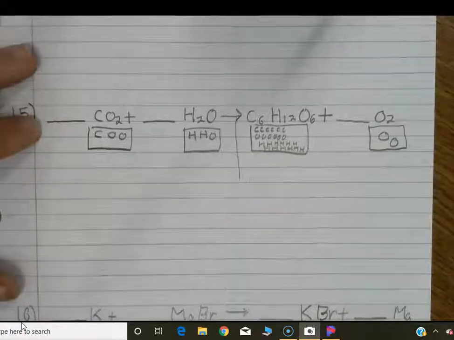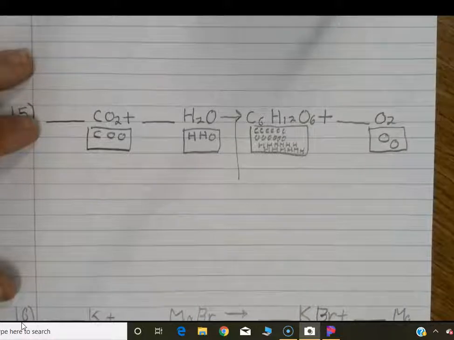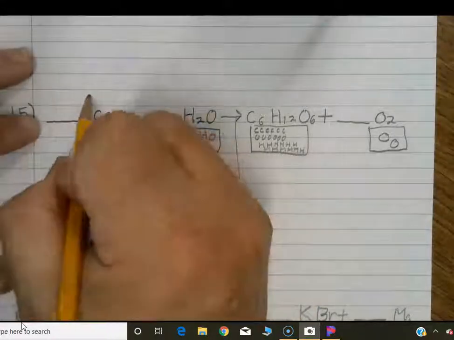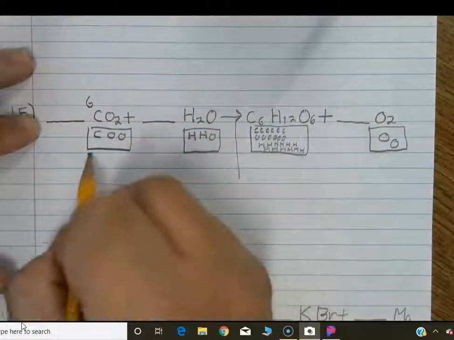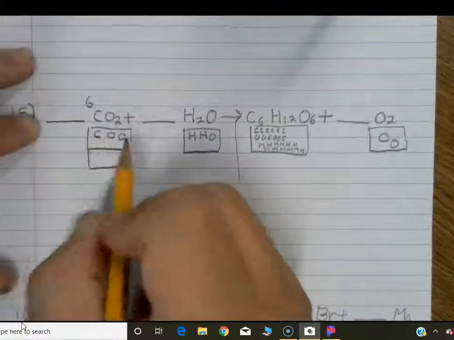All right. So what are we looking at here? Start wherever you want, really. I usually start with something that only appears once on each side. Let's go for carbon. So there's 6 here. So that means I'm going to need to draw 6 of those boxes. So I better make them kind of smaller. I'm going to need 6 of those boxes.